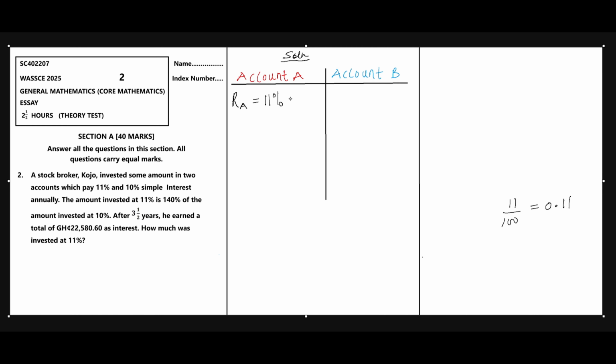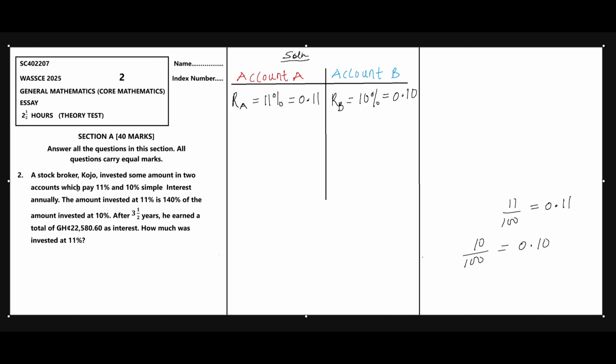So I'm going by the decimal approach, 0.11 as the rate of account A. Also with the rate of account B, it was giving us 10%, and then 10% is the same as 10 out of 100, which is simplified as 0.10. So we have the rates for the two different accounts.